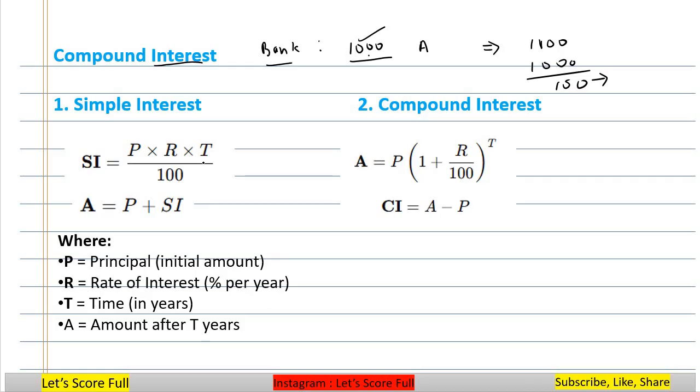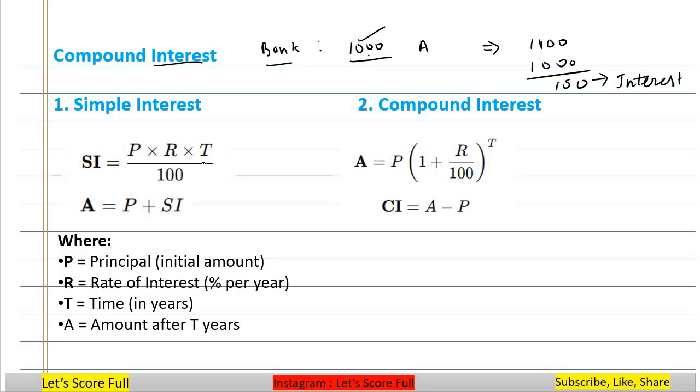So this extra money itself is known as interest. Now, to calculate interest there are two methods. One is simple interest, which we have learnt in our 7th standard. Here also I will explain. And the second one is compound interest, which is there in our syllabus.